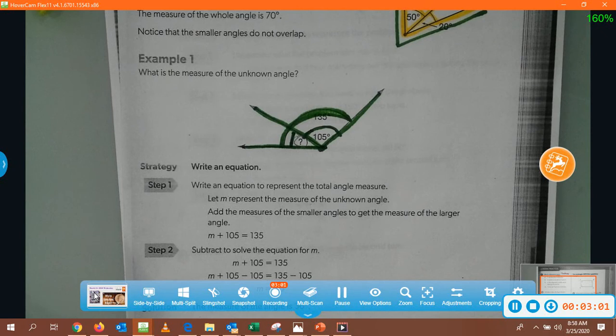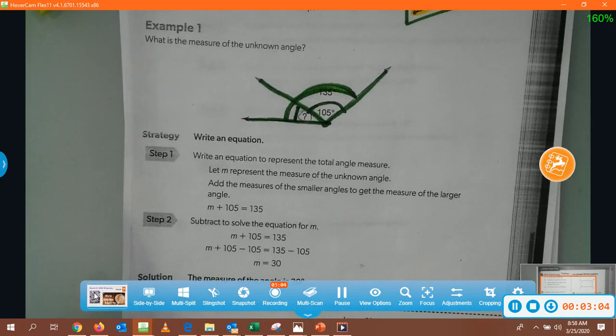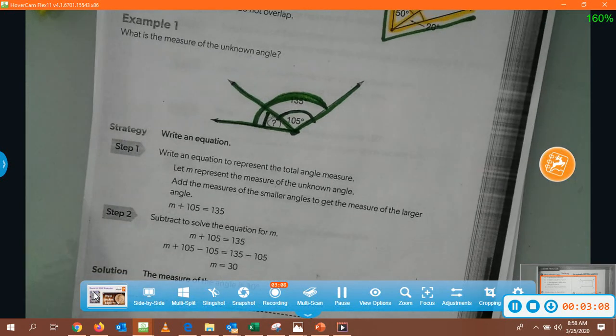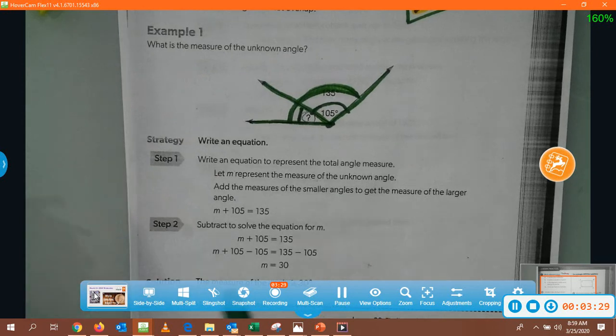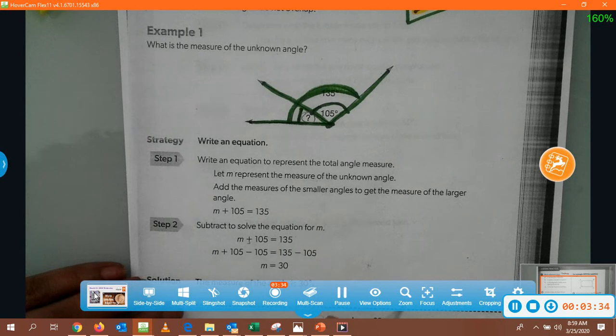So we're going to write an equation to represent the total angle measure. Let M represent the measure of the unknown angle. Add the measures of the smaller angles to get the measure of the larger angle. So your equation will be M plus 105 equals 135. If you remember what I taught you, if you're adding, you want to do the opposite.